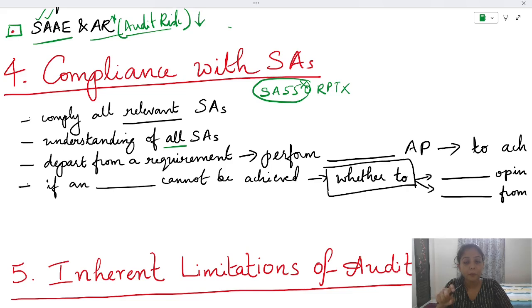If he is performing that alternate procedure, he should evaluate whether the particular objective can be achieved through it. If it can be achieved, it means that the standard permits it, because the objective of the standard is achieved through an alternative procedure. In whatever way, the objective of the standard should be achieved by the auditor, and the standard permits alternative procedures. So there can be a departure from a specific requirement. So perform an alternate procedure.